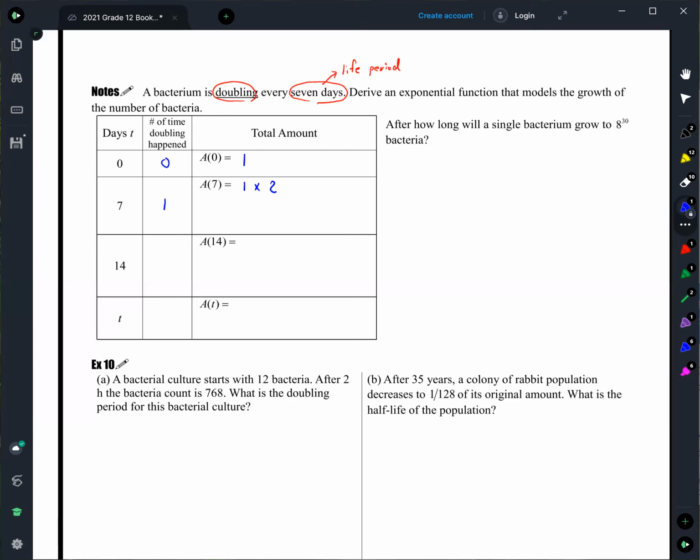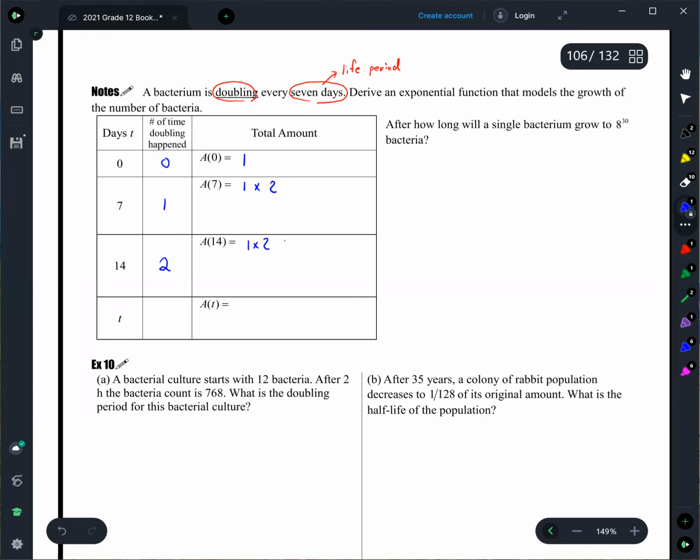Another week has passed, so the doubling happened again. 2 times now. So what you had before was 1 times 2, you have to double again. So I write another times 2. So that means it becomes 1 times 2 squared.